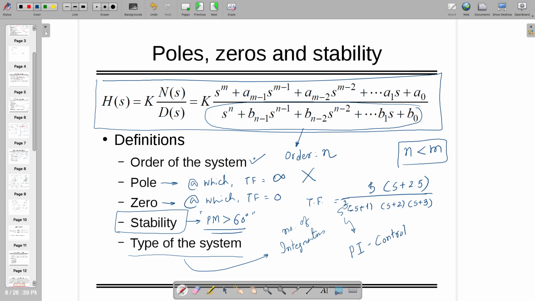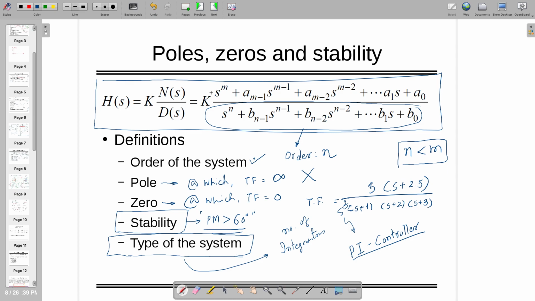So those many controllers you need to add. This is the meaning of that. In-depth study of this must be part of control theory. You will study that. But I'm just opening up all these possibilities for you so that you know all the terms associated with transfer function. There is no hidden mystery, right? You can answer all of them.